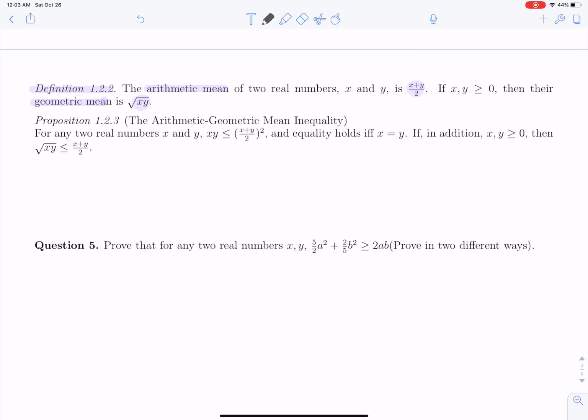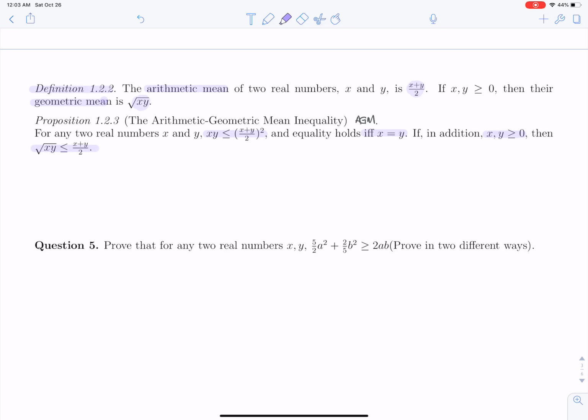Proposition, this is AGM. So I need two real numbers, blah, blah, blah. X, Y is more or equal to this. And the equality holds if and only if x equals y. And if x and y are non-negative, then you have this.